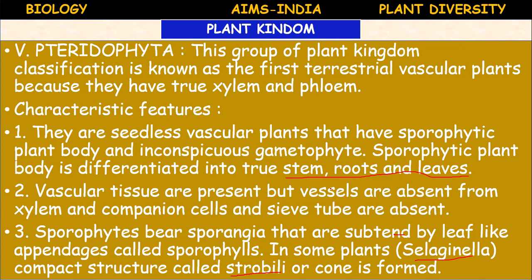In the beginning we mentioned that the seedless vascular plants have a sporophytic plant body, that is, an inconspicuous gametophyte. It is also called a prothallus. Prothallus is produced.